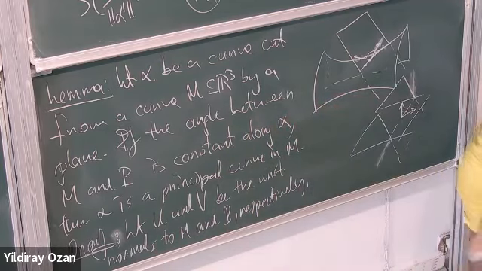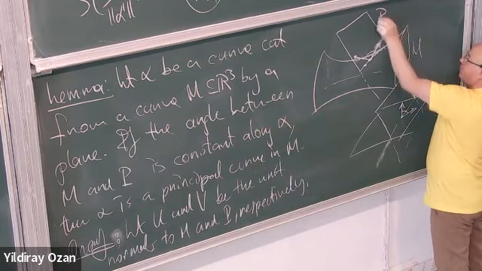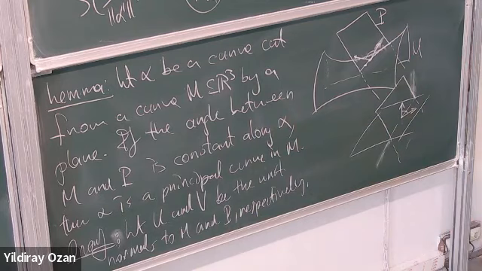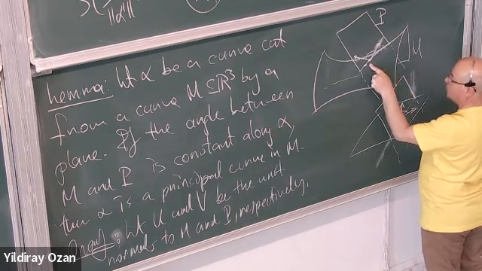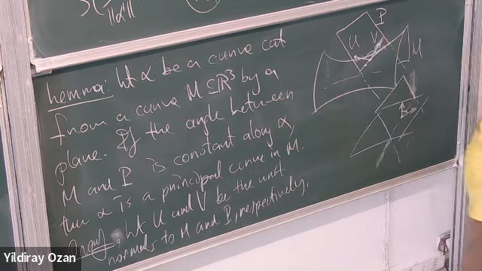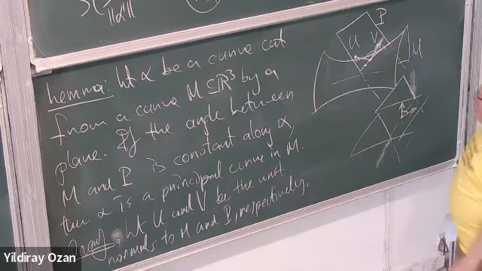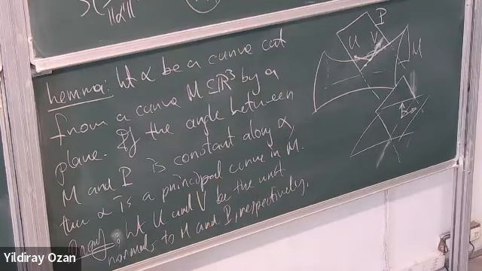So in this case, this is my surface M, this is my plane P, and the normal vector of the surface is U, the normal vector of the plane is V. Okay? And this is the angle between them, and we assume that that is constant. Let's see.